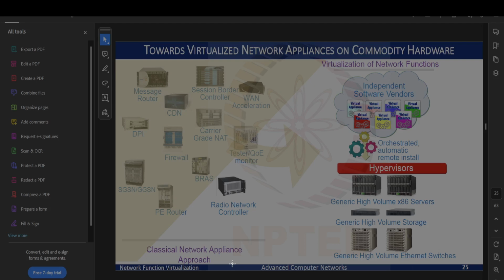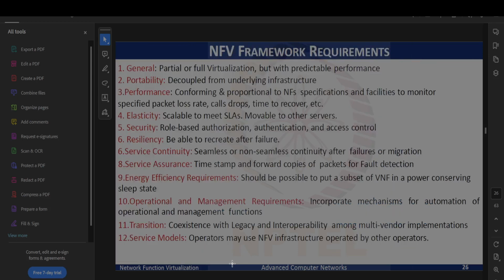So we will have the virtual machines running the virtualized network functions here. These virtualized network functions could be NF1, NF2, NF3, NF4, etc. And all these network functions could be from different vendors, and they will be running using the underlying hardware resources via the hypervisor.